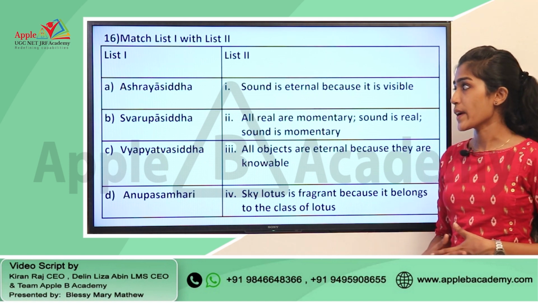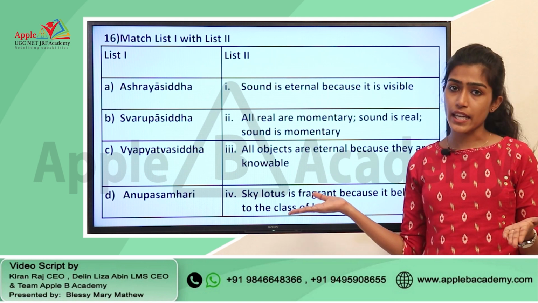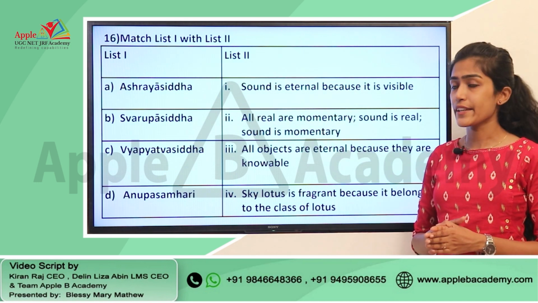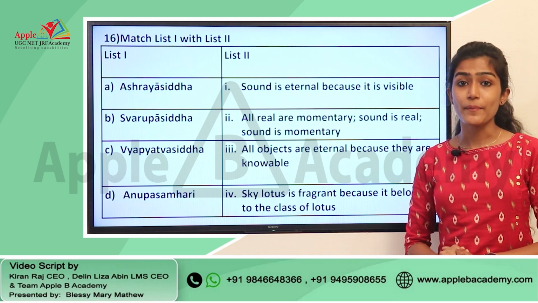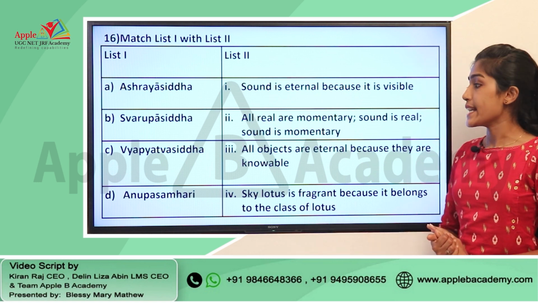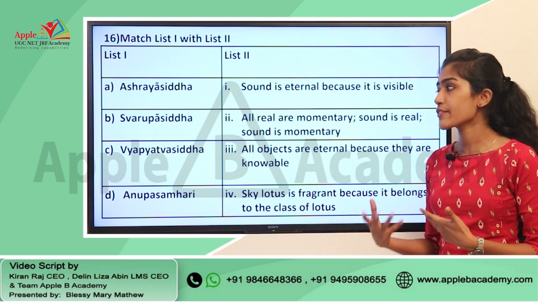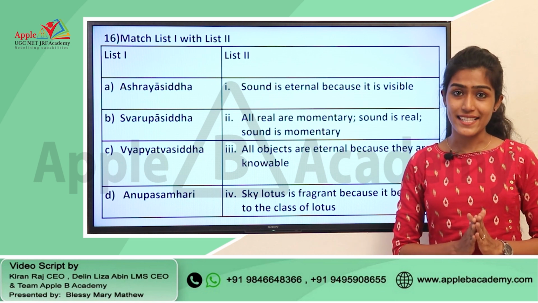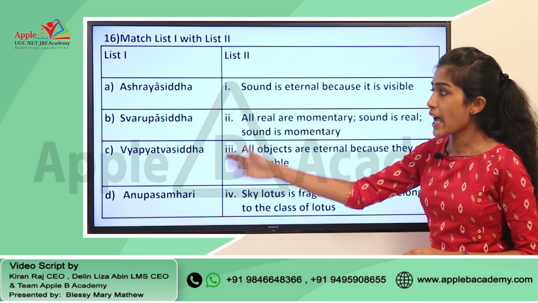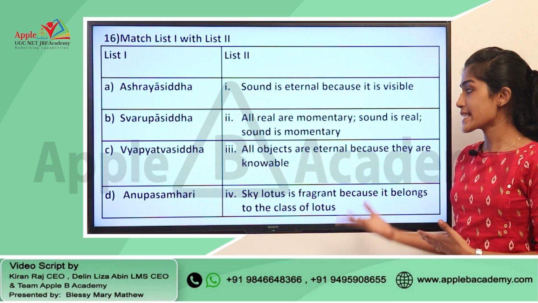Moving to the next question, we have a match the following question given here. So, this is from the area logical reasoning, and if you consider the options given here, obviously this is from Indian logic. We have list 1 and list 2, and if you consider the various options given here, this is from the area fallacies, right, Hetvabhasa, right. In list 1 we have the various types of fallacies, and in list 2 we have some examples given.